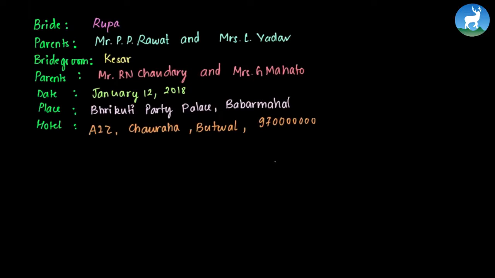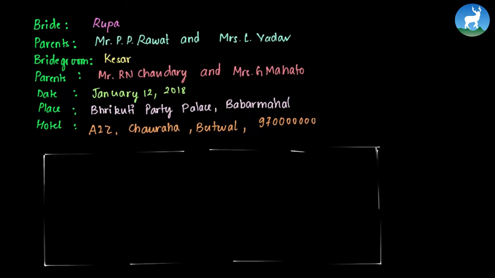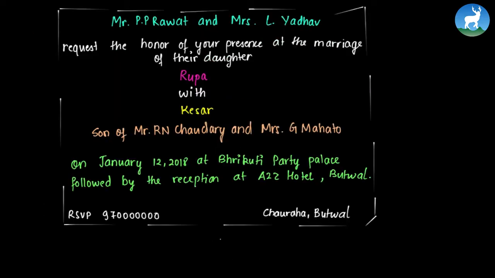Now we'll prepare an invitation card using the following information. So these are the information we need to feed in our invitation card. So for the invitation card, the format is going to be the same. So this is the invitation card that we could prepare with the information that was given to us in our question.